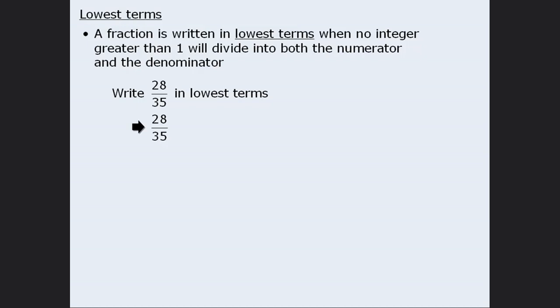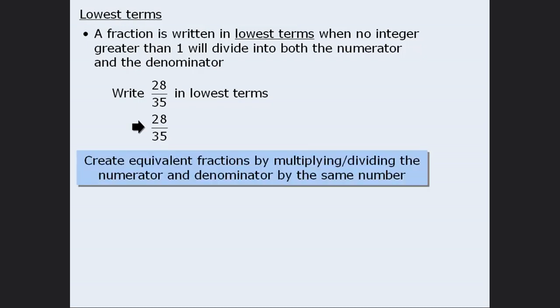Now, to create equivalent fractions, we multiply or divide the top and bottom by the same number. Since we want to simplify this fraction, we will divide top and bottom by the same number. So if we divide top and bottom by 7, we get the equivalent fraction 4/5. And since there is no integer greater than 1 that will divide into 4 and 5, we say that the fraction 4/5 is written in lowest terms.